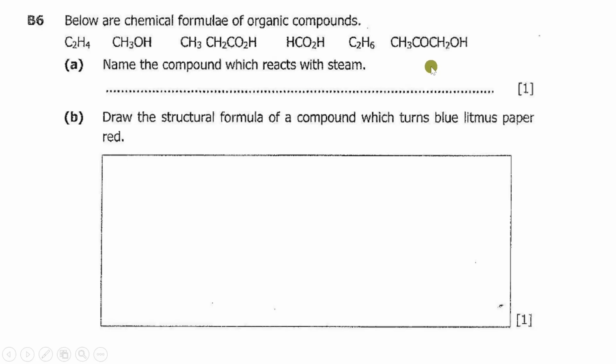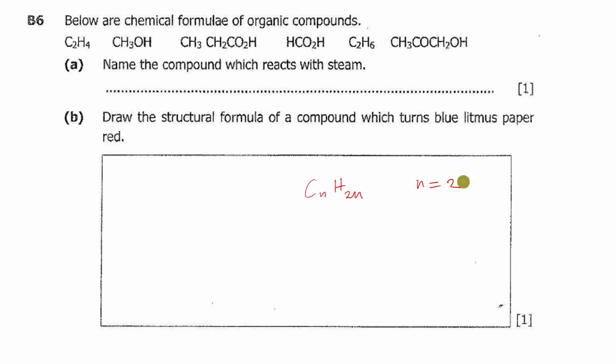A compound which reacts with steam mostly should be an alkene. So, when we check here, which one should be an alkene? Remember, alkenes have a general formula of CnH2n. They start with n equal to 2 because of the double bond.